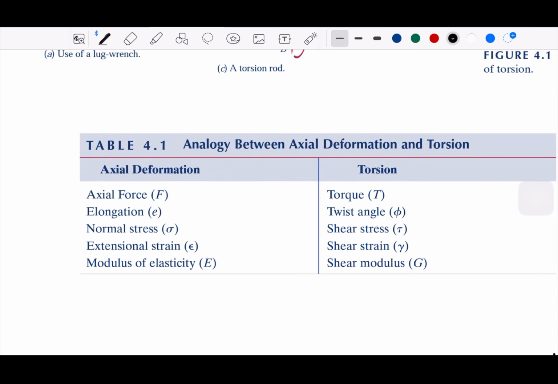So these five points are going to be counterparts for each one of them.